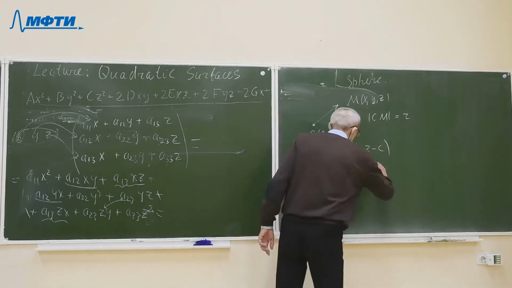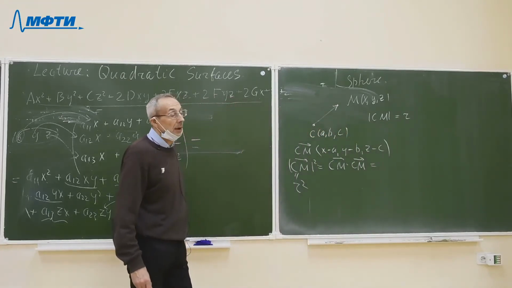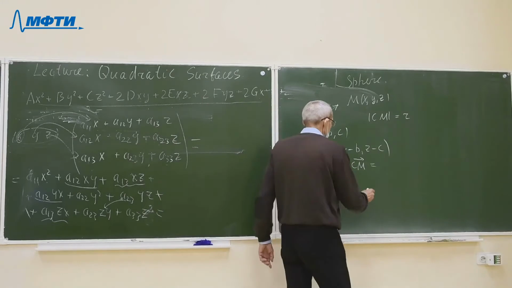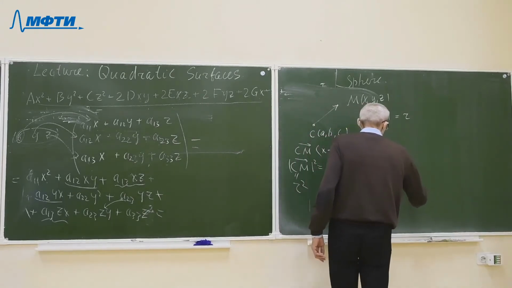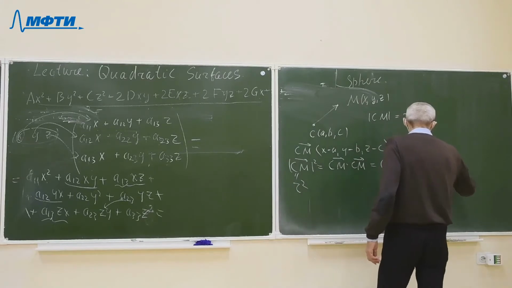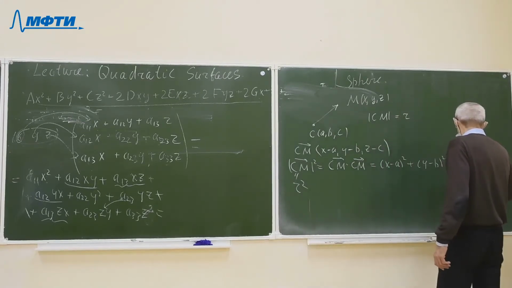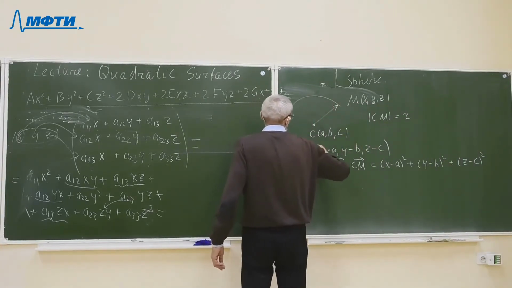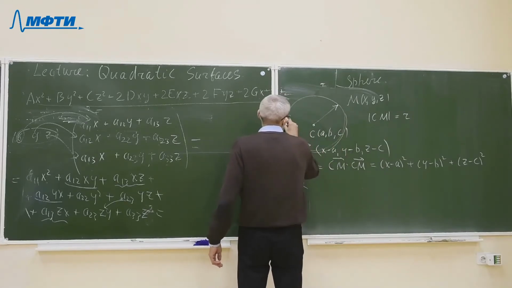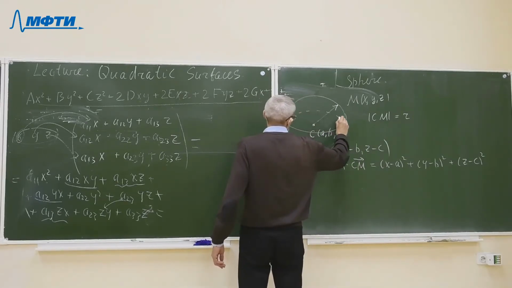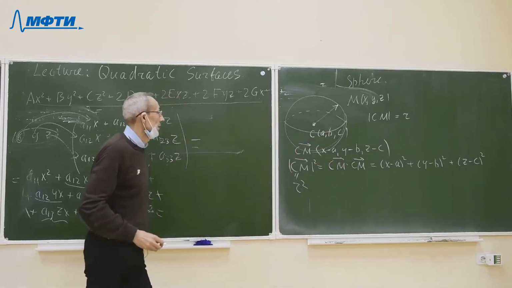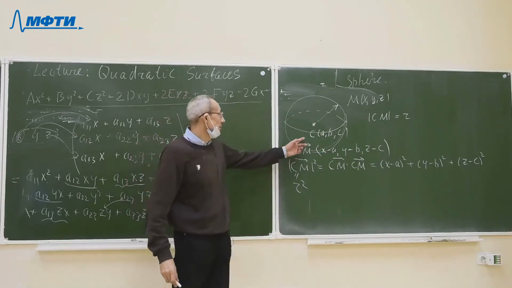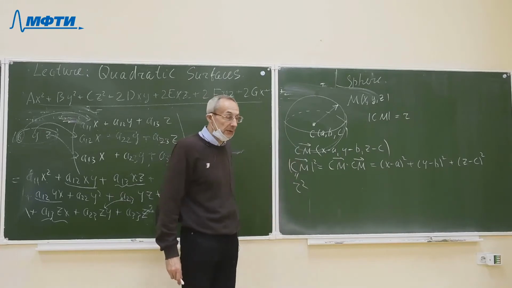The scalar product is a sum of squares of the coordinates of this vector: x minus a squared plus y minus b squared plus z minus c squared. And we have the sphere in the space. The point C is called the center of this sphere.